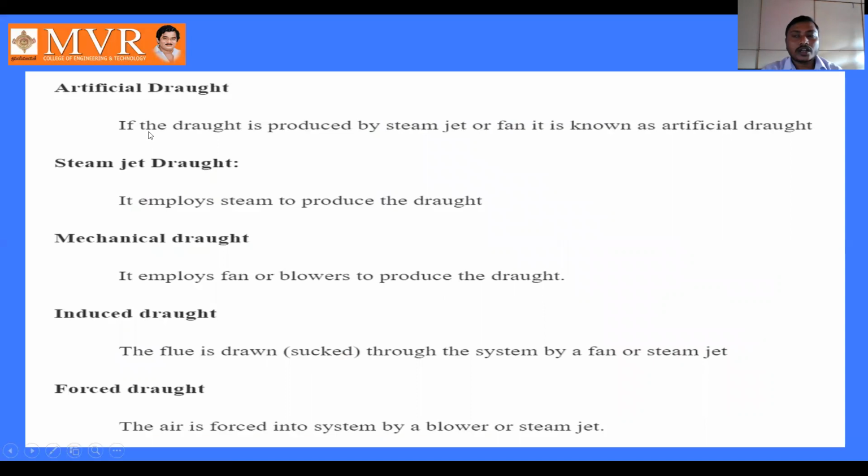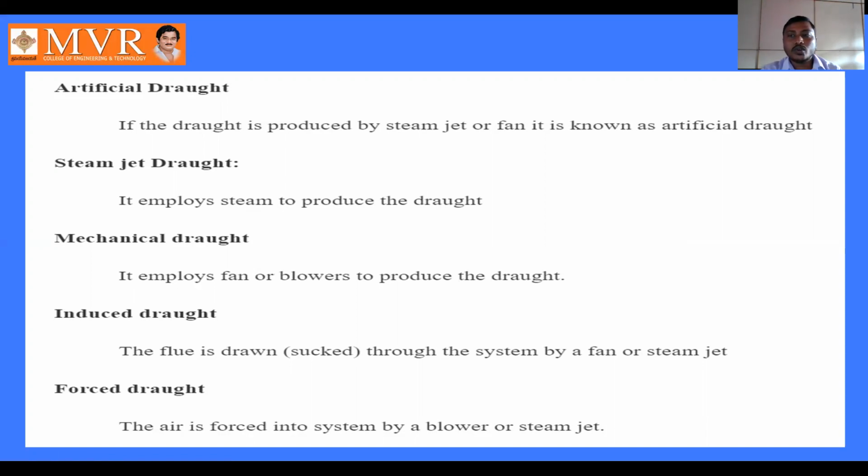Coming to the artificial draft, if the draft is produced by a steam jet or fan, it is known as an artificial draft. Coming to the steam jet draft, it employs steam to produce the draft.